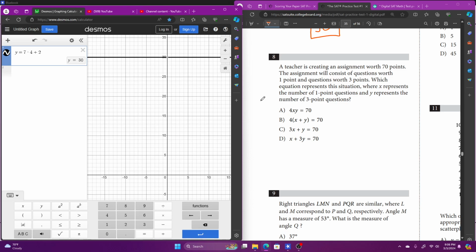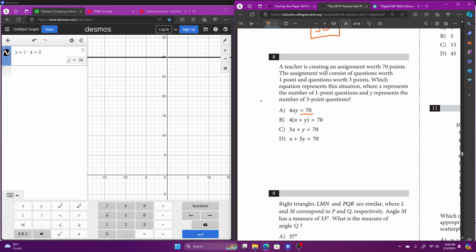Question number 8. A teacher is creating an assignment worth 70 points. And all of these equal 70, so I don't need to focus too much on that. The assignment will consist of questions worth 1 point and questions worth 3 points. Which equation represents the situation where x represents the number of 1 point questions and y represents the number of 3 point questions?